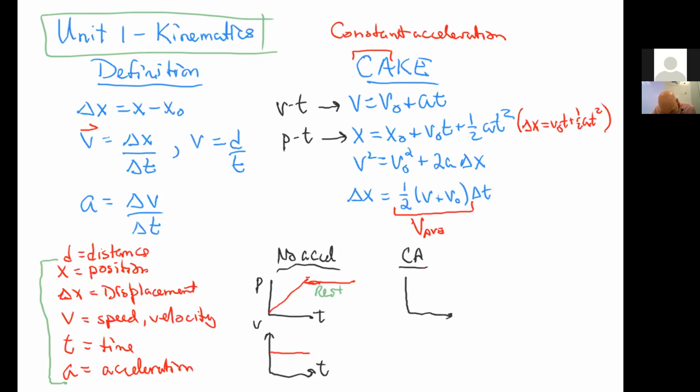Now, constant acceleration. Your PT graph would be parabolic. Your acceleration-time graph would be a horizontal line.